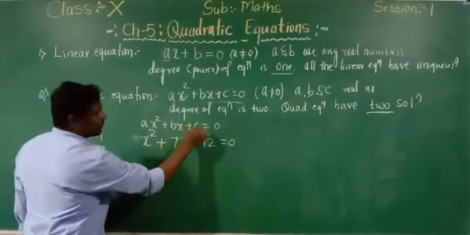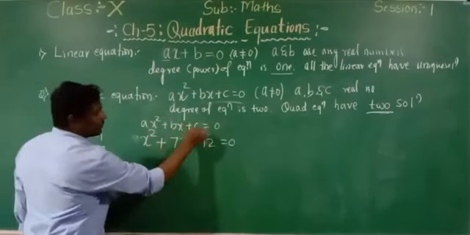In that, the sum of the two terms is exactly equal to the middle term, and the product of the two terms is always equal to the product of the first term and last term. It means if I take ax square plus bx plus c is equal to 0, we are splitting the middle term into two terms.